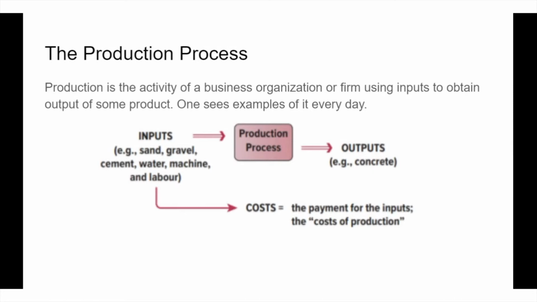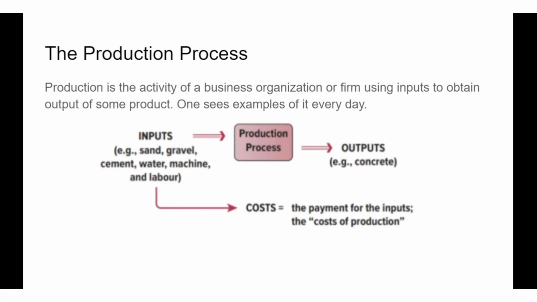Now the inputs, if you're in the concrete business, the cement business: sand, gravel, cement, water, machines, labor, those are inputs that go into a cement type business. And sand, if it's all naturally occurring sand, that is, you didn't have to crush it, or gravel, same thing. That would be considered a land-based resource, but normally it has to be screened or something done with it.